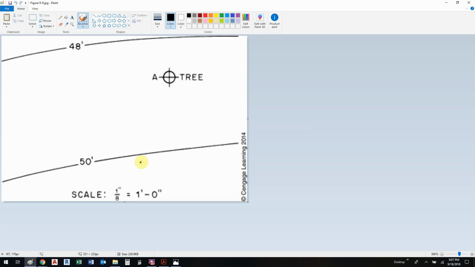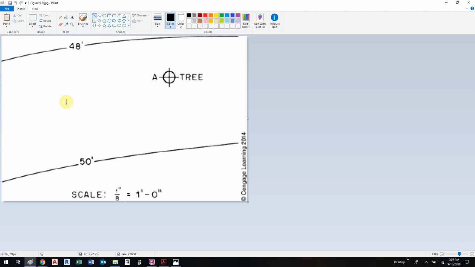We have a tree here that is between two topography lines, two topo lines, as they're sometimes called. I want to know the elevation of that tree. It is between 50 and 48. Well, is it 49?